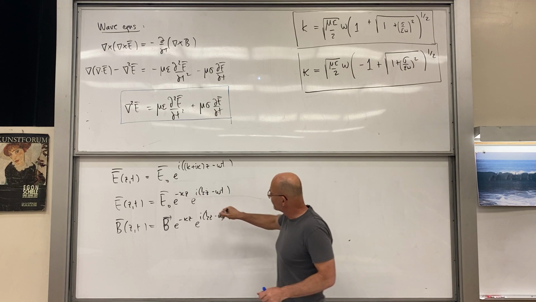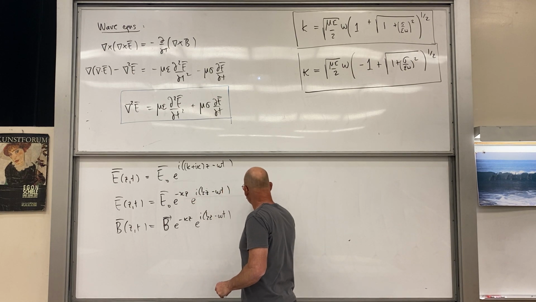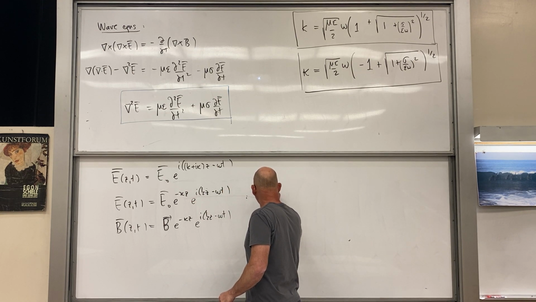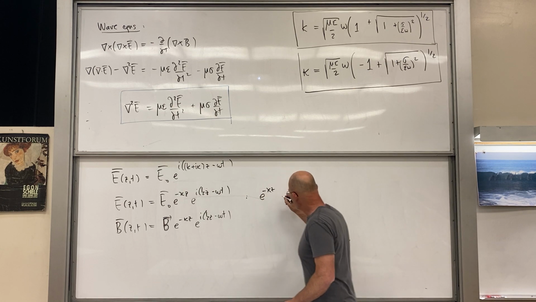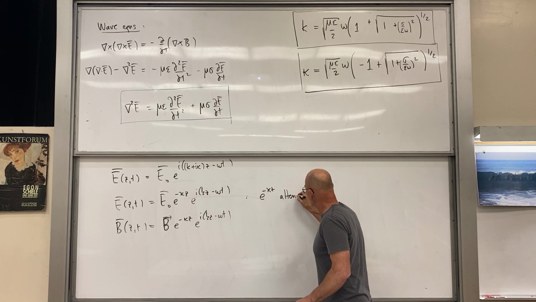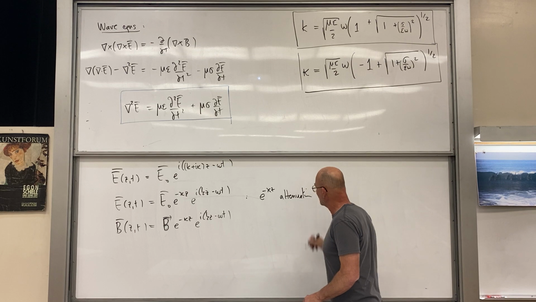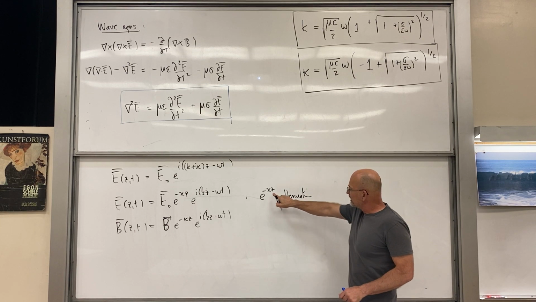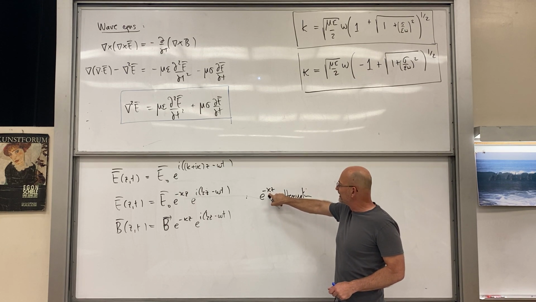First of all, drawing attention to it now, we have this e to the minus kappa z attenuation. And this kappa defines a depth called the skin depth.